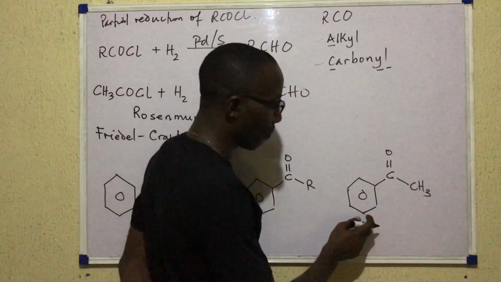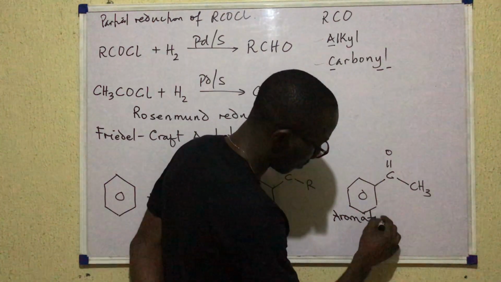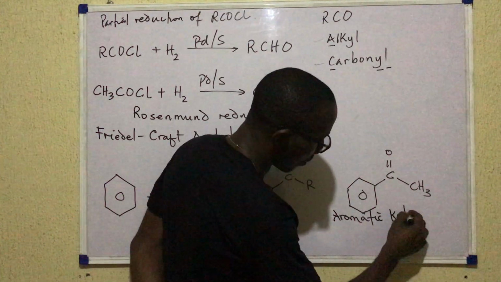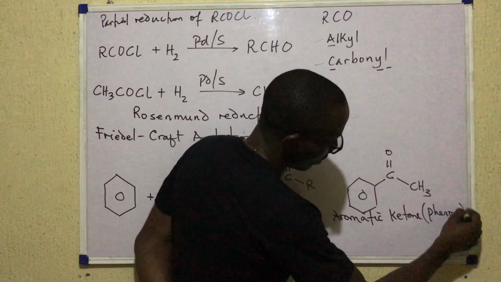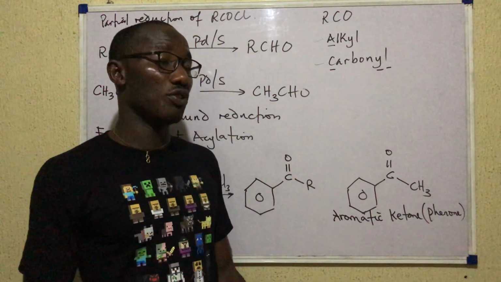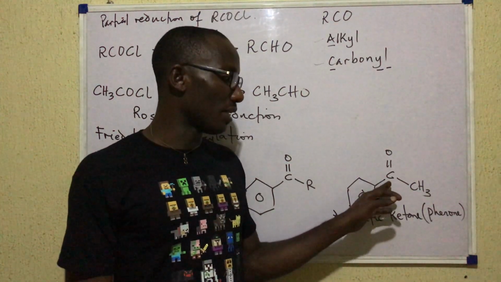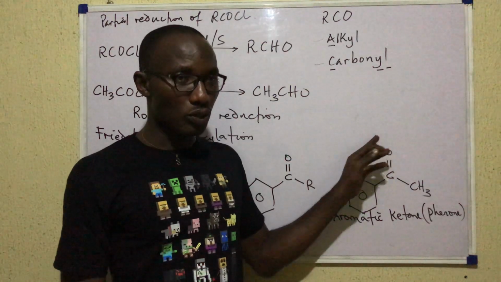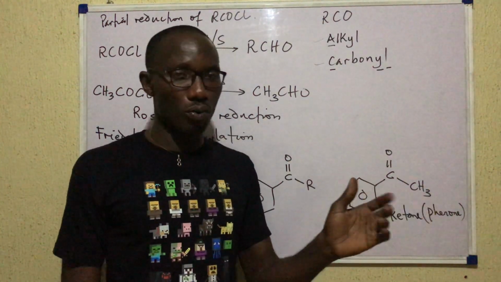This kind of compound is called an aromatic ketone, or phenone. So why is it called a phenone? It's called a phenone because this is the phenyl group and then that's the ketone group. So phenyl ketone, condensed together, phenone.